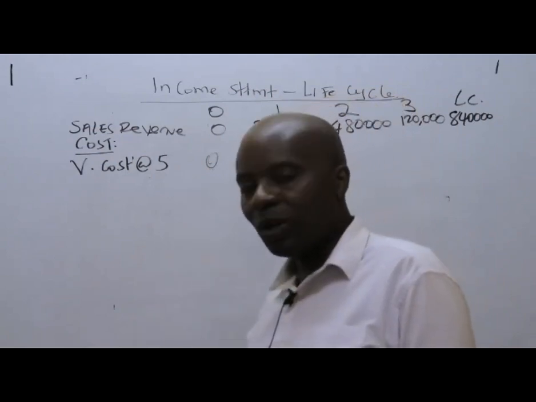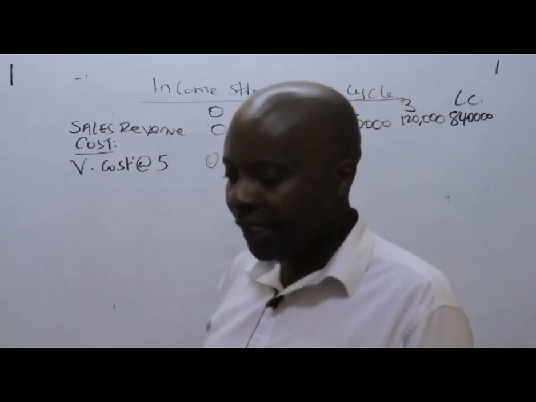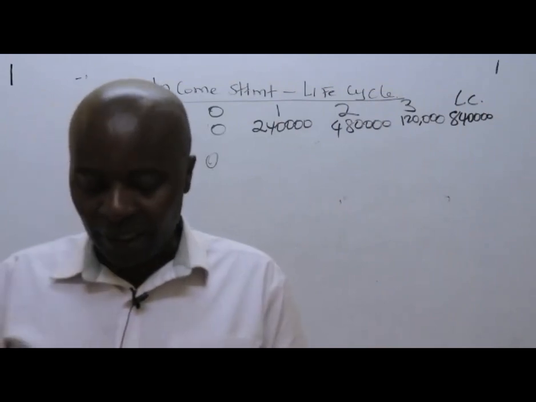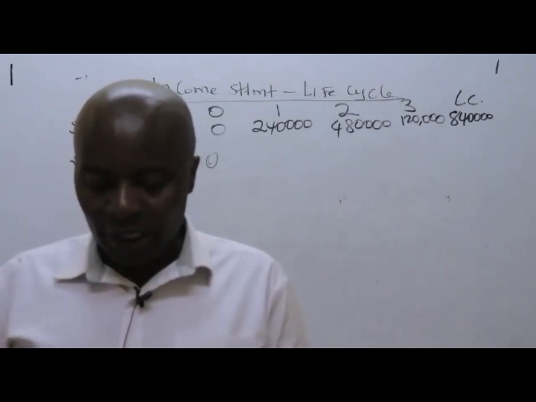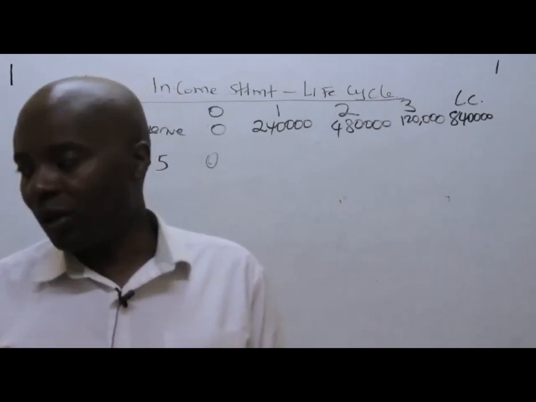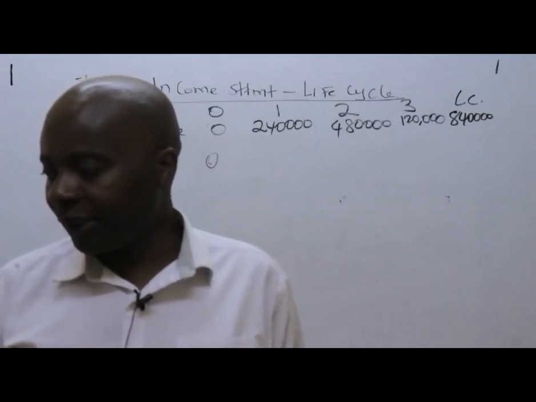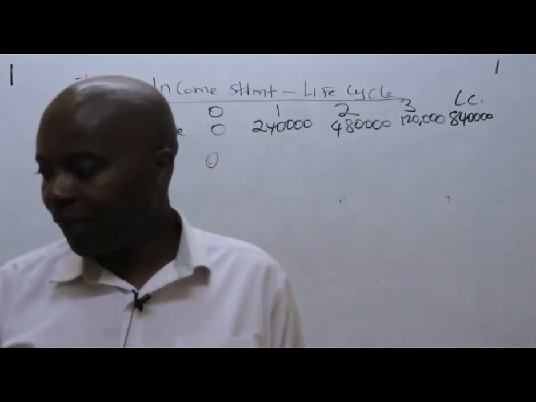For year 1, units are 80,000. So 80,000 units times 5. That will give us what figure? Please give me an answer.